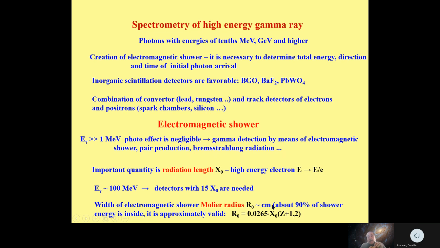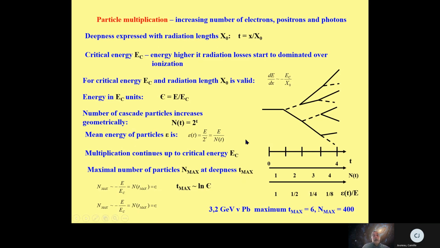That means the electromagnetic shower develops inside this Molière radius. And the relation between the radiation length and the Molière radius is approximately here. This depends on the material and on its atomic number.